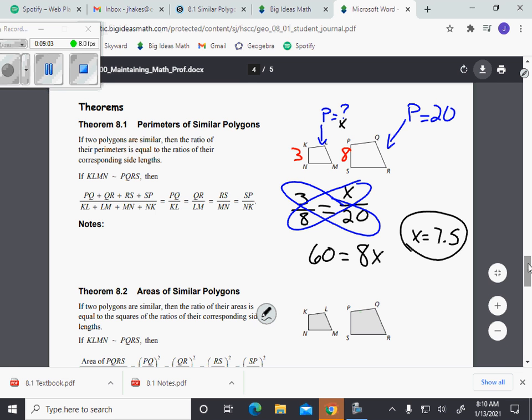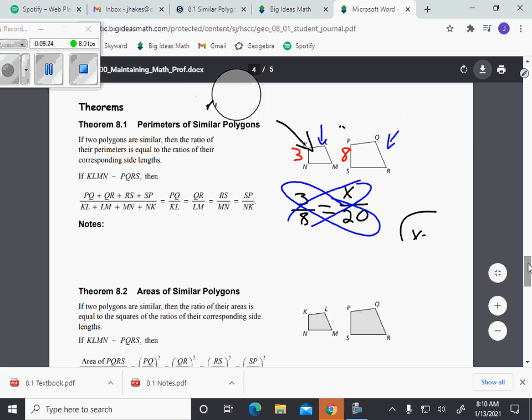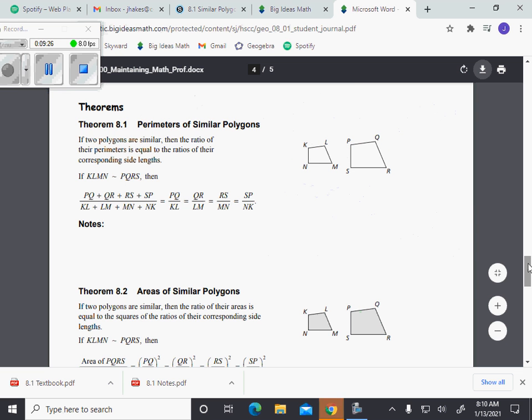So the perimeter of this little shape is equal to 7.5, based on our corresponding side lengths. And that's how you find perimeter using ratios of side lengths.